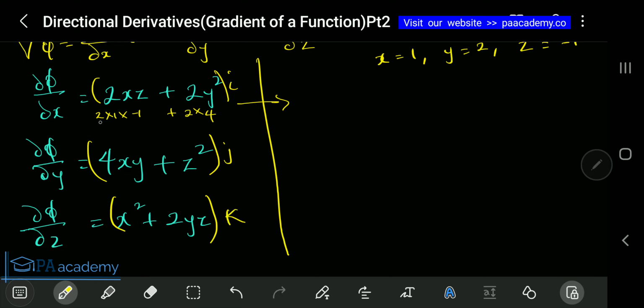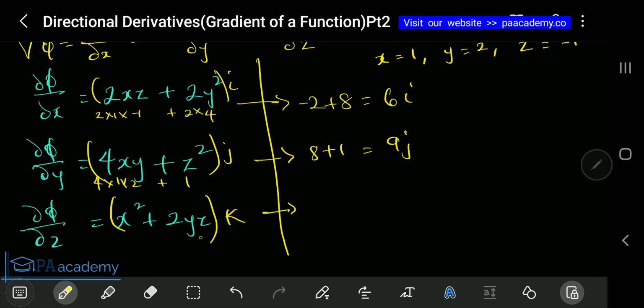So this would be 2 minus 2 plus 8, and this should give us 6i. And then this will give us 4 times x, which is 1, times 2, plus z squared, which is 1. So this will be 4 times 2, 8 plus 1, and this will give us 9j.